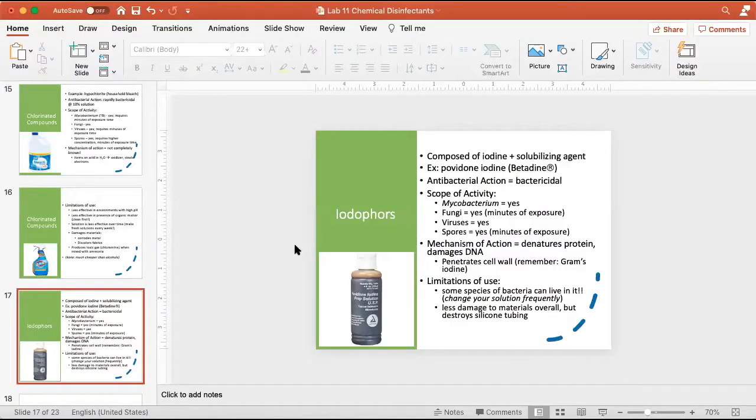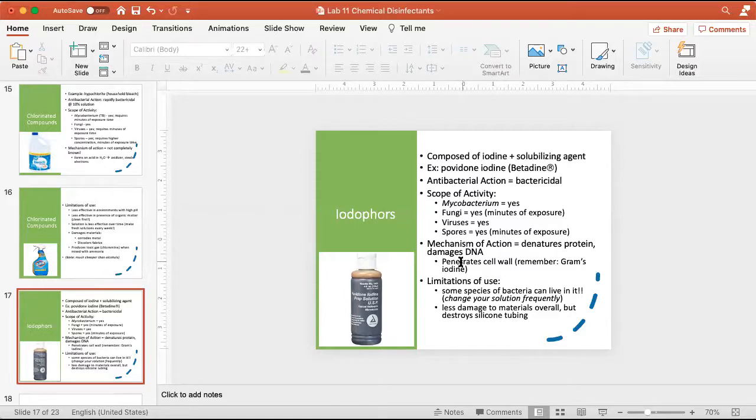Now, in terms of mechanism of action, it's actually the iodine that's doing the hard work. Think of the solubilizing agent as making the iodine easier to use, but the iodine itself is what's doing the work of killing the microbe.